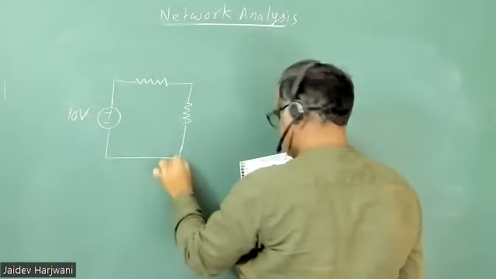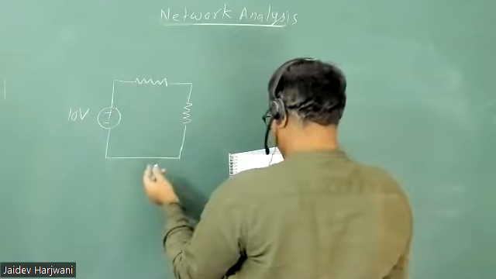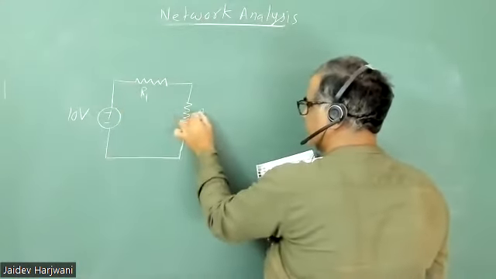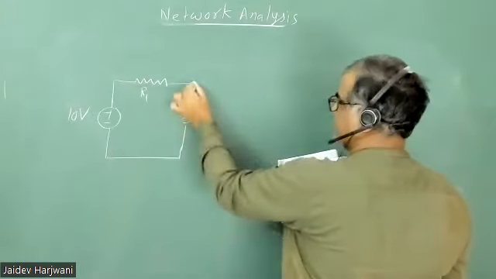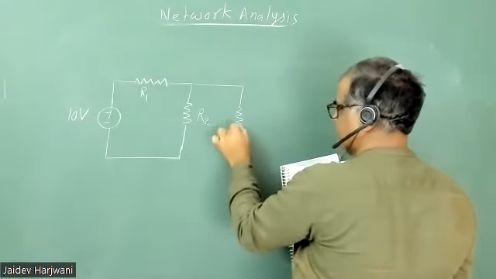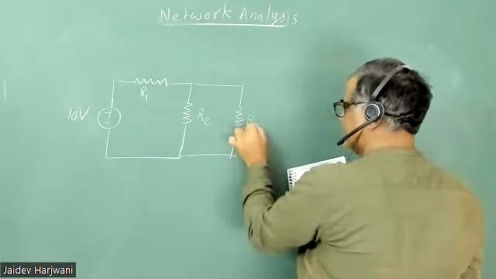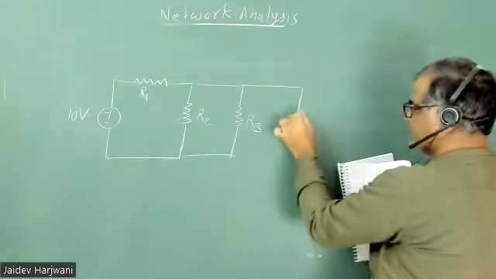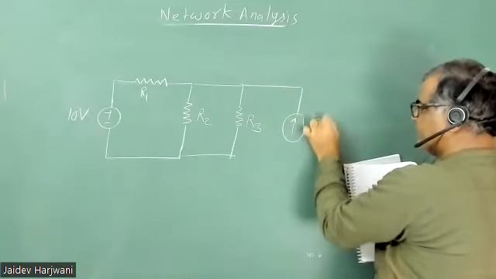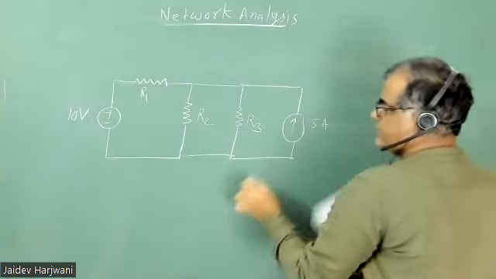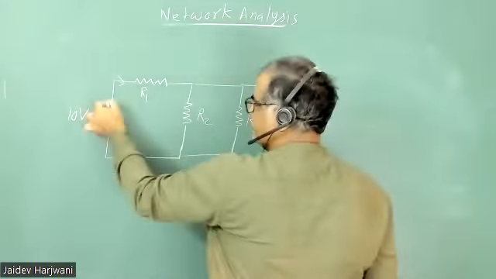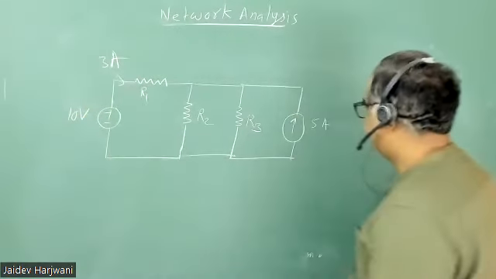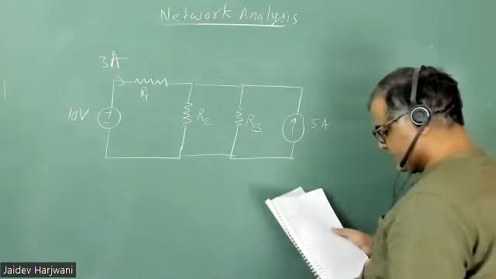So this is the circuit. You can call anything, say this is R1, say this is R2, and say this is R3. And then you have this 5 amp current coming from here. Say this source is giving you 3 ampere current, assume 3 ampere current, and this 5 ampere current.